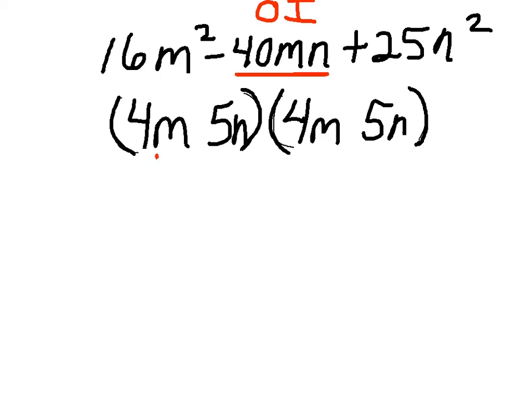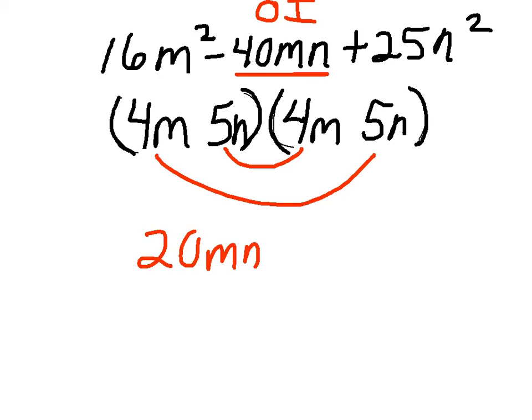So if I multiply the outside terms and the inside terms on this one, I would get a 20mn and another 20mn. I need to create a negative 40mn. So these two terms would have to both be negative. That's telling me I need two minus signs between these.